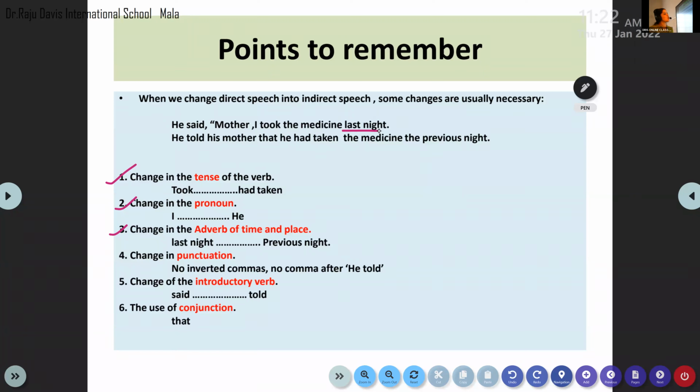The time has changed. So I have to use a perfect time as per the time of reporting. So last night should be changed into the previous night. If I am reporting after 1 month also, I cannot say last night. I have to say previous night to that particular incident. Usually in Malayalam we use "tale divasam," because we know the date of the function. So we have to use the words previous night.